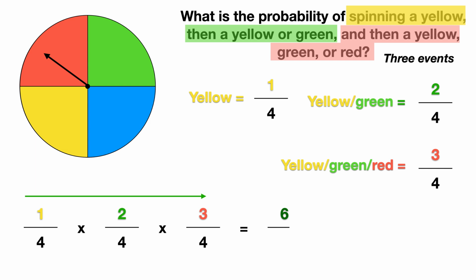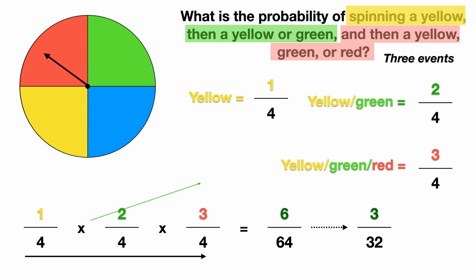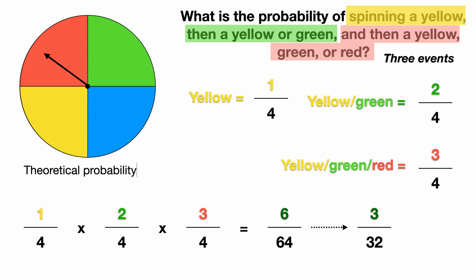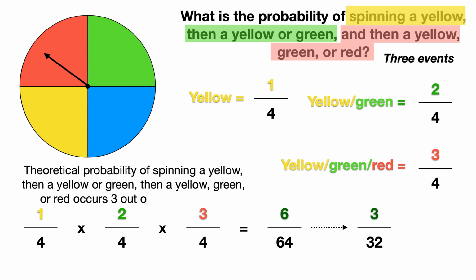So we have 6 on the top, and 4 times 4 times 4 is 64. We can simplify that further by dividing both by 2, which gives us 3 out of 32. So the theoretical probability of spinning a yellow, then a yellow or green, then a yellow, green, or red occurs 3 out of every 32 spins.